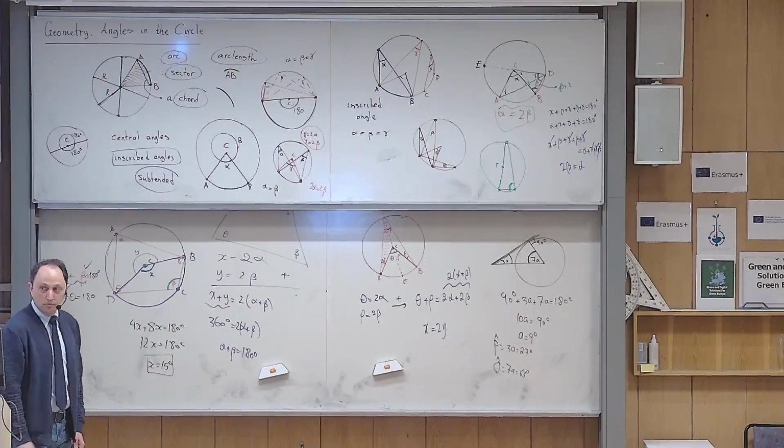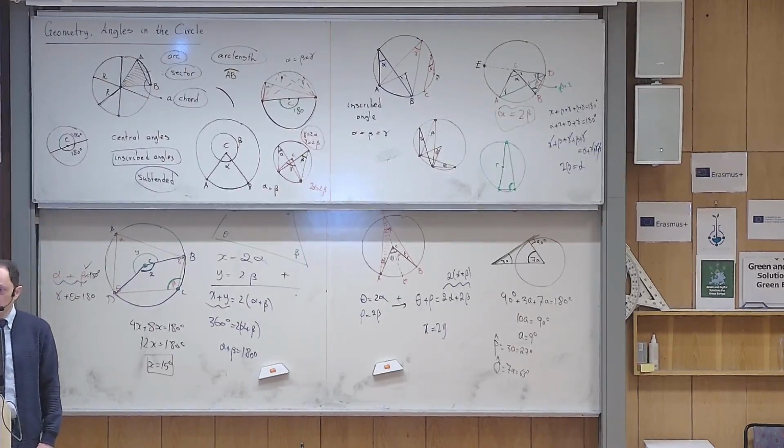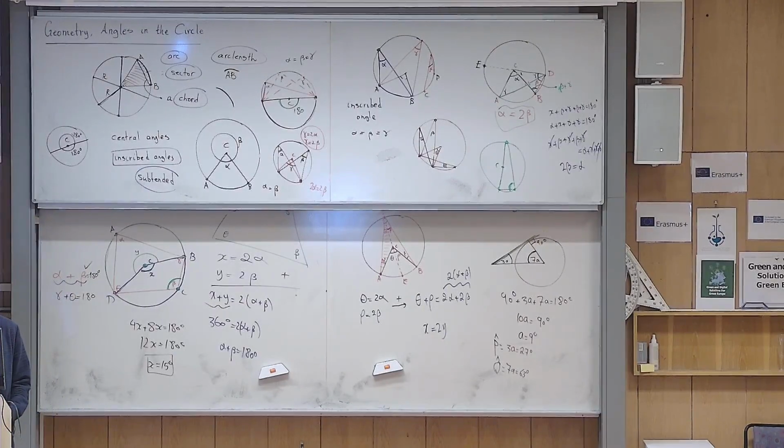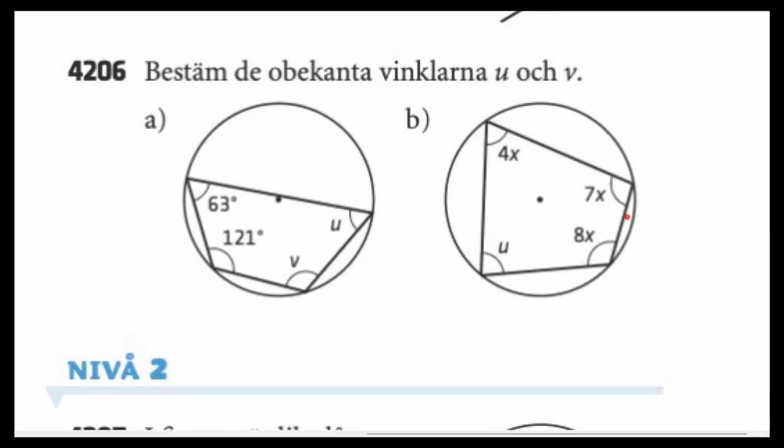Yes? But I want to find u and v. Where is v, by the way? In this picture, we don't have any v. We have only u. I also know that this one plus u should be again what? 180, yes?